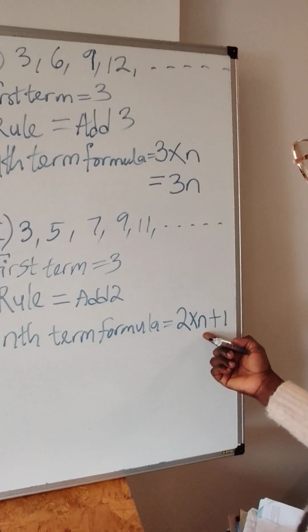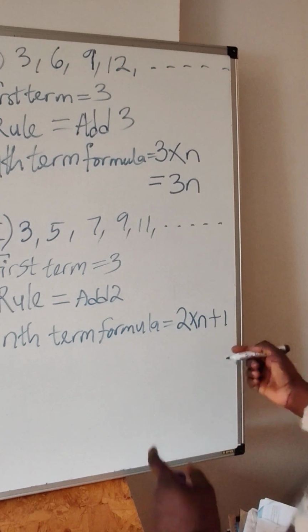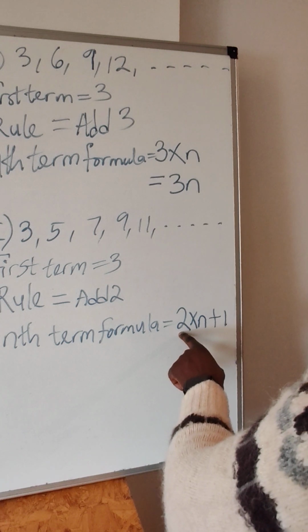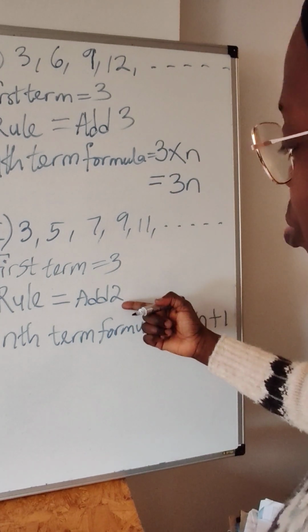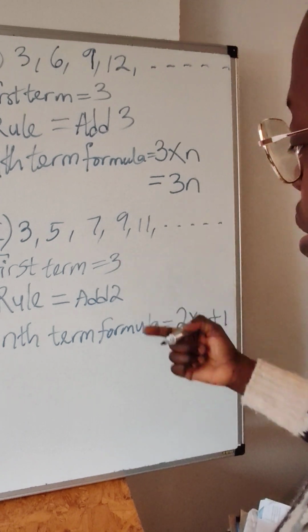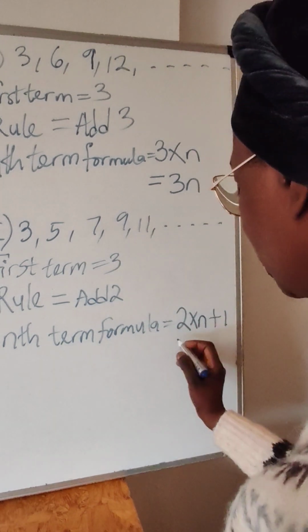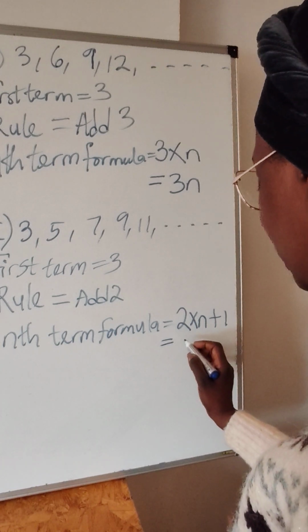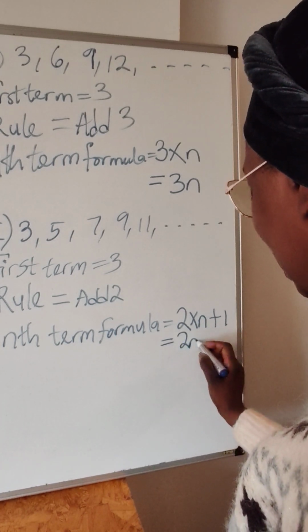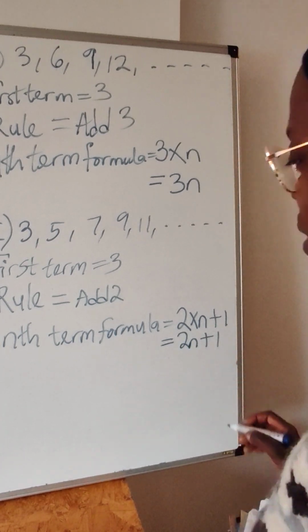Like what we have done here, we have 2n. Just check with the figure. The rule is add 2. So what are you going to do to 2 to be able to get 3? You're going to add 1. And so therefore, the nth term for the third sequence is 2n plus 1.